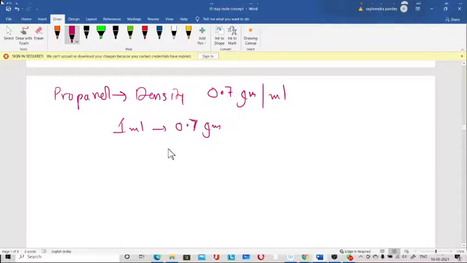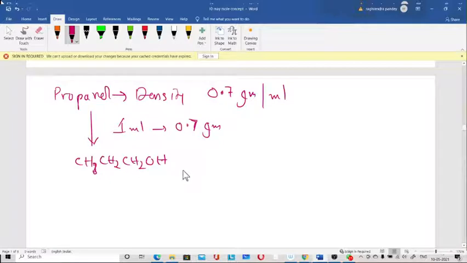Are you getting the point? Propanol is CH3CH2CH2OH. This is your propanol, and it has this much density.